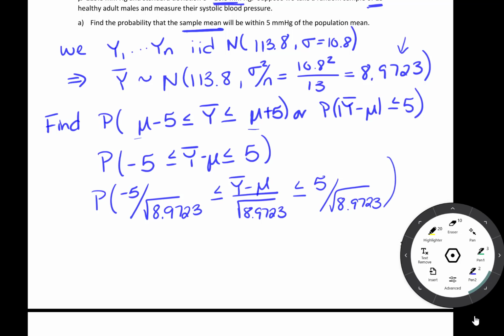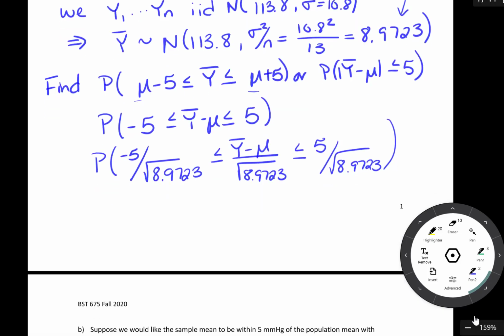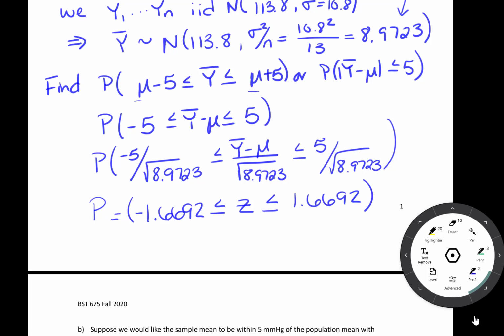Okay. Now notice this middle piece. Since we have standardized y bar, we know that middle piece follows a standard normal distribution. So this is the same thing as the following. And we could find now what this probability is using R. Way back earlier in the course, we learned about the pnorm and qnorm functions in R. We can use those to find the probability that a normal random variable falls between two values.